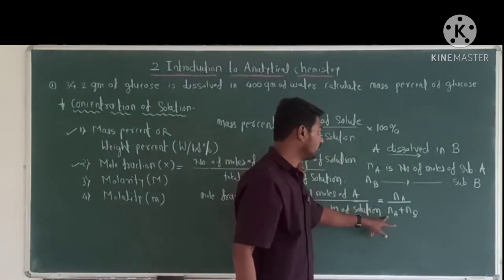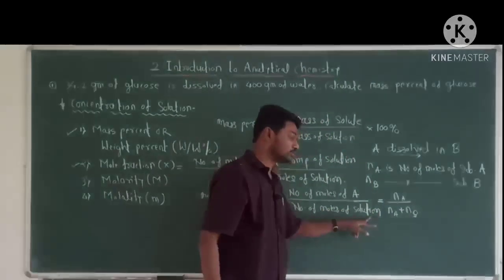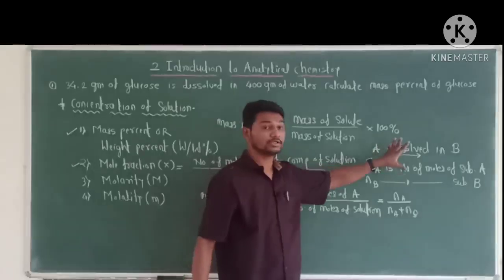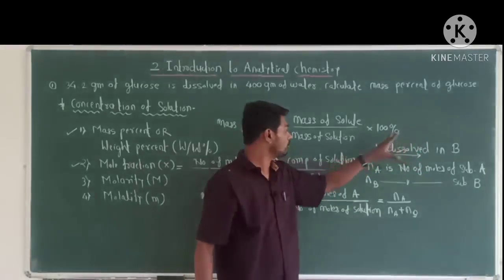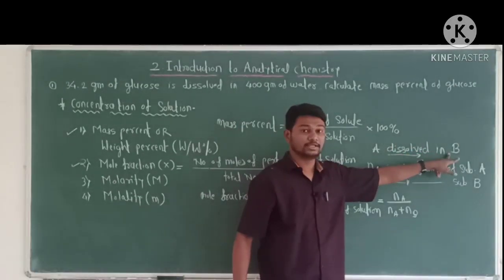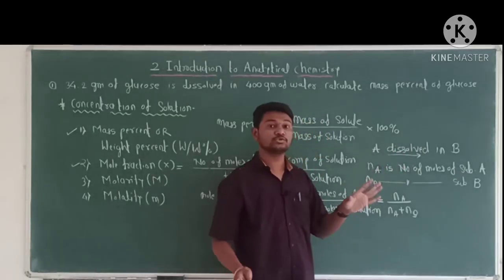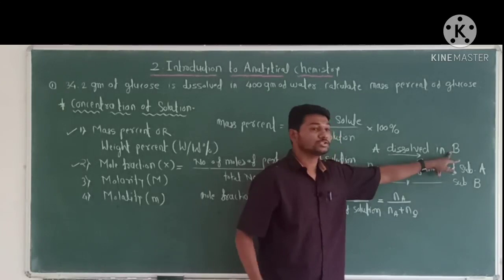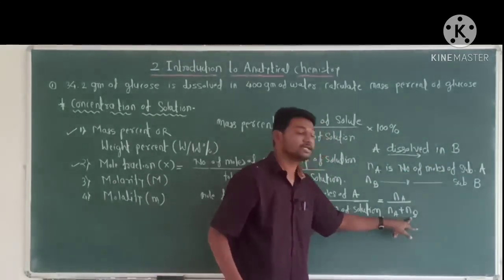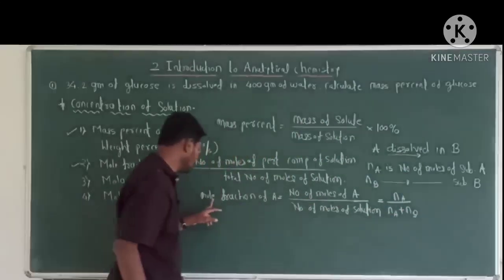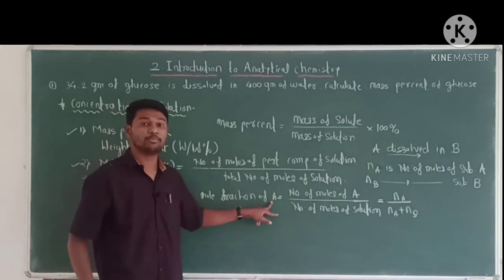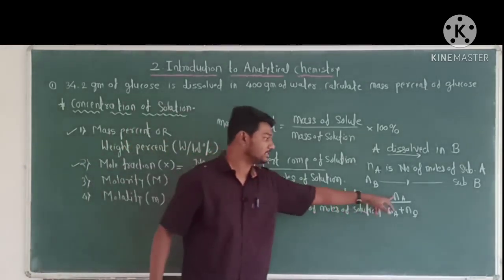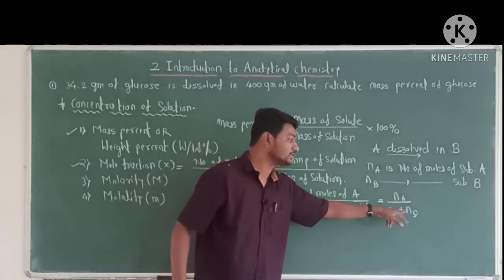This is the number of moles of solution. This solution contains two substances or compounds, that is A and B, so the number of moles of solution means the number of moles of A and the number of moles of B, that is Na plus Nb. This is the mole fraction of substance A, that is Na upon Na plus Nb.